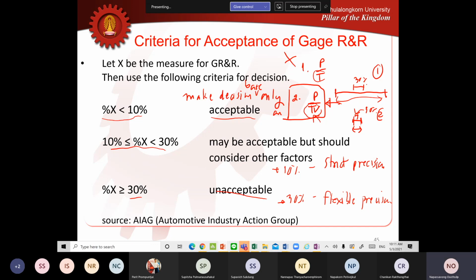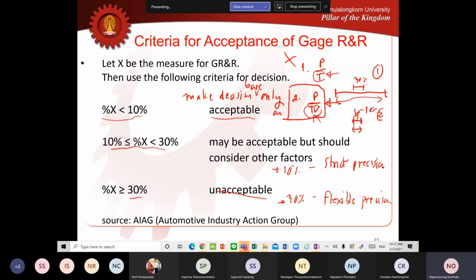But tolerance is actually the allowable variation of the parts that we produce, right? So it's not the main thing that we need to compare, because the main purpose of the measurement is to quantify the variation of the real process. The real process can be large or small, so we have to compare with that.